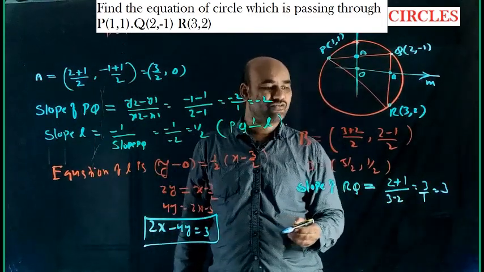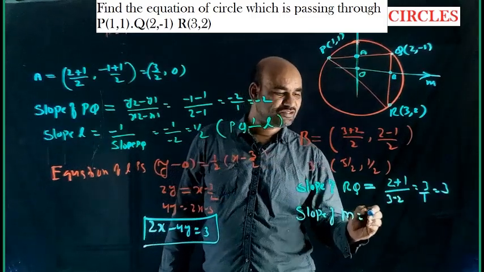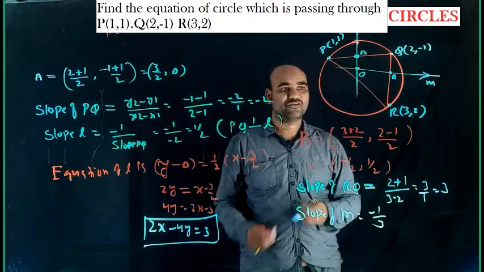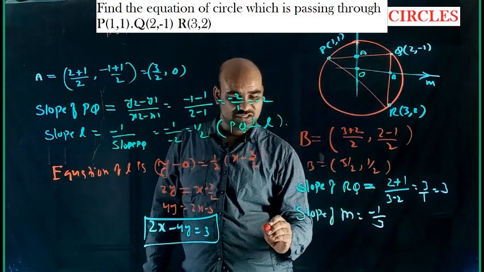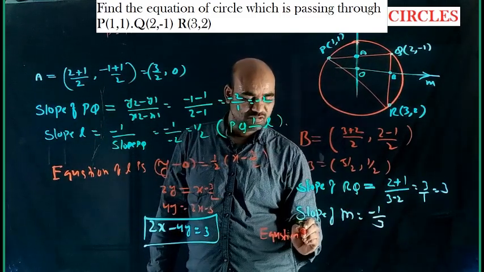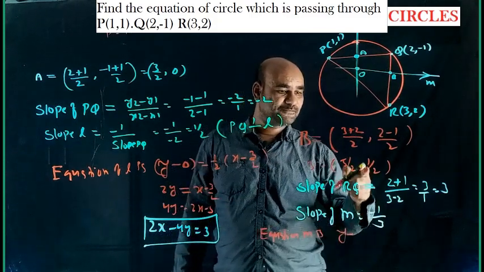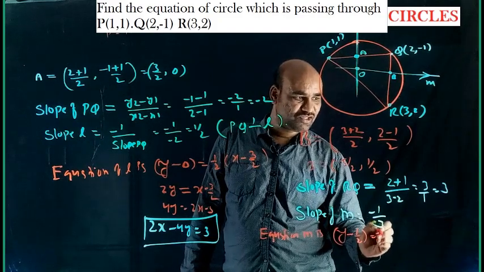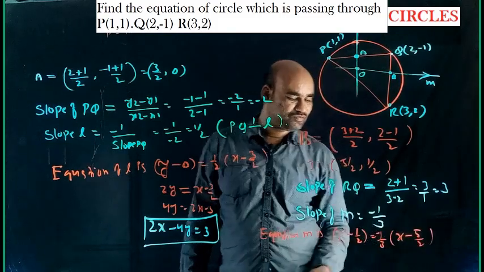Then I can say the slope of M is minus 1 by 3. Now I want to find the equation of M by using the point slope form. Equation of M is y minus 1 by 2 equal to minus 1 by 3 into (x minus 5 by 2).